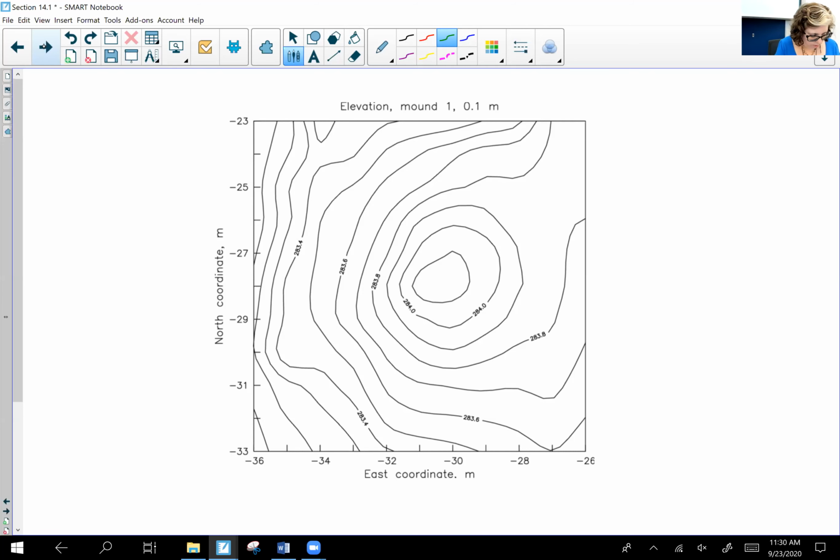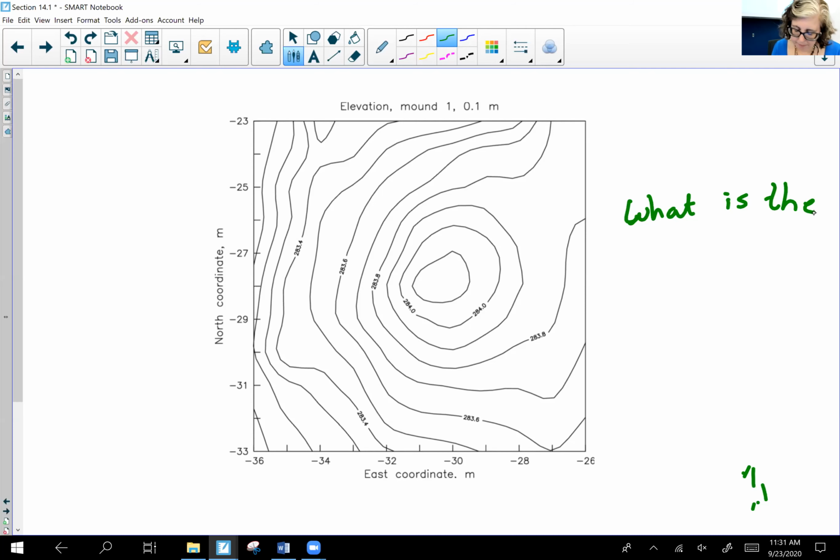All right, and what you're going to see are things that are going to say, like, what is the slope change?